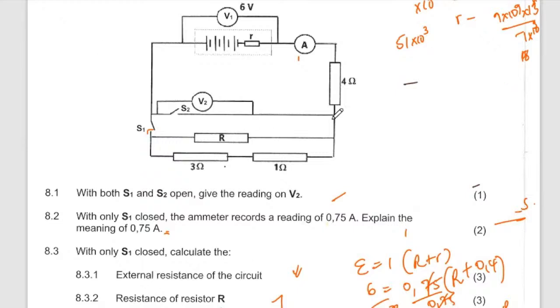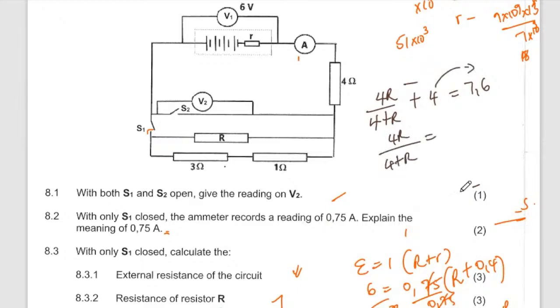So let's see. We said product over the 4 plus R, now plus this 4 ohms must give us the 7.6. Move the 4 to that side. 4R over 4 plus R must give us 3.6. Cross multiply: 3.6 times 4 is 14.4, plus 3.6R.